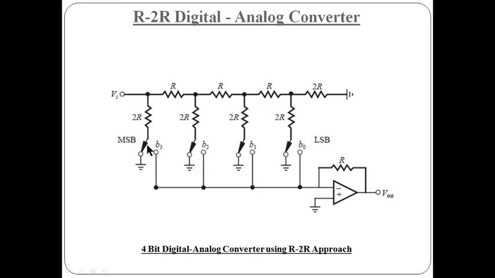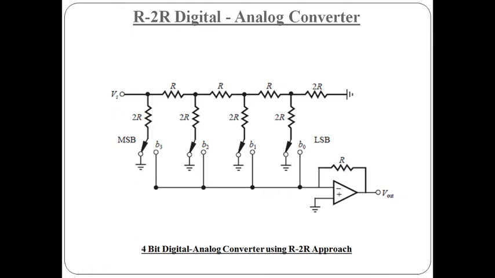According to the value of each bit, we connect the switch, and we use the voltage across this resistance to get the output voltage, which is the analog one. Here we supply Vs, the binary code input.